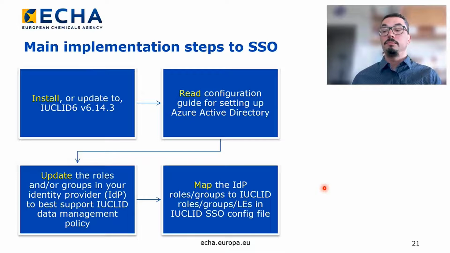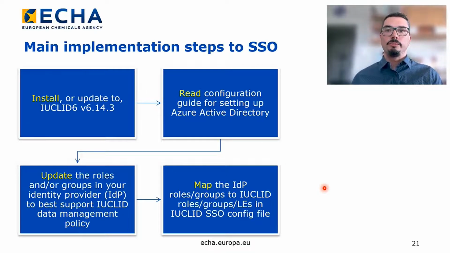We have not made a guide for every single identity provider out there because we cannot support all of them, but we have been able to test this feature using the most common identity provider in corporate settings. But we have implemented this feature so that it uses a standard protocol that is implemented by most of the identity provider software in the market.